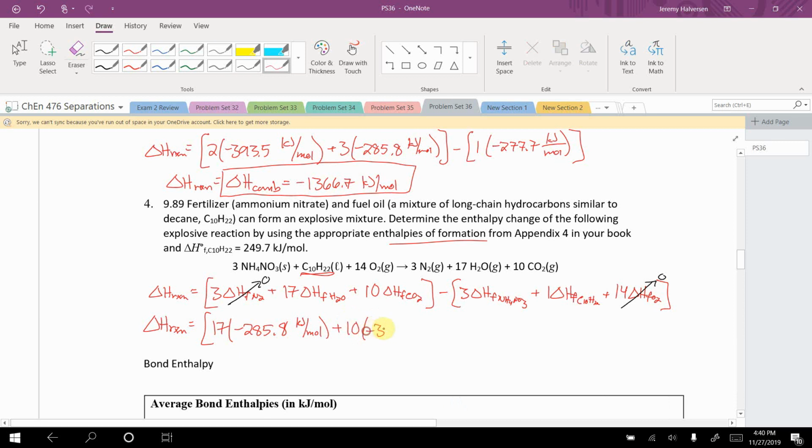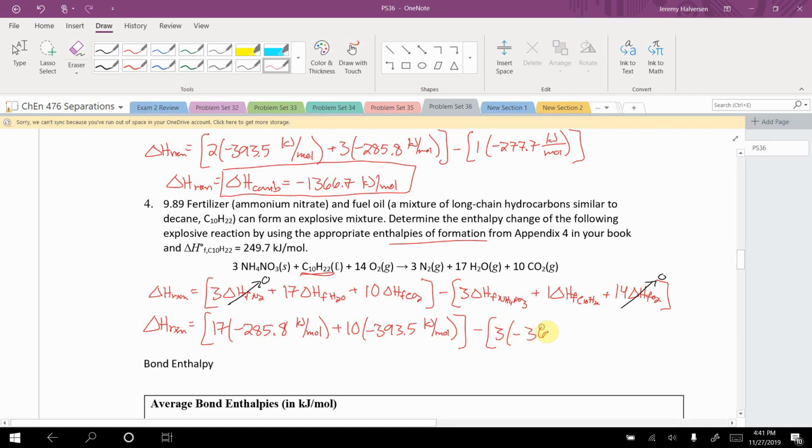CO2 is negative 393.5, minus NH4NO3. If I look that up, there it is.